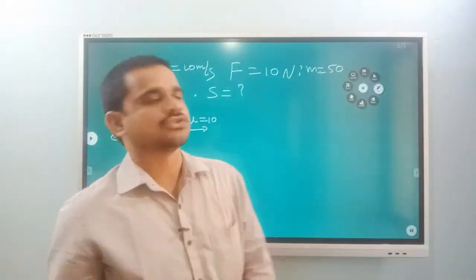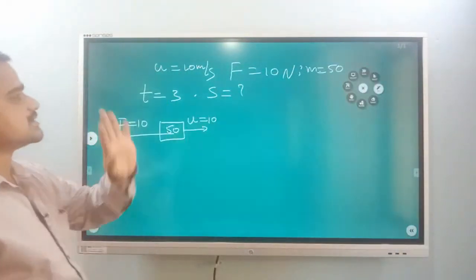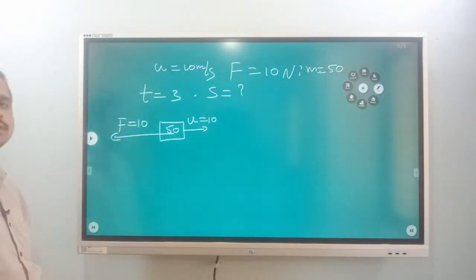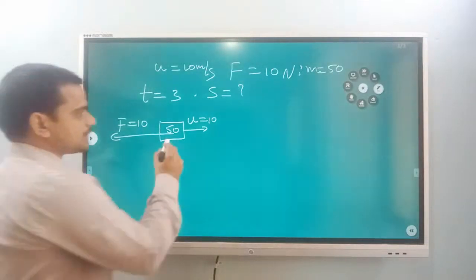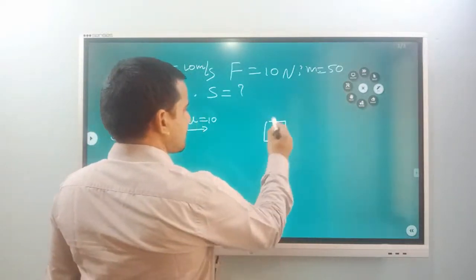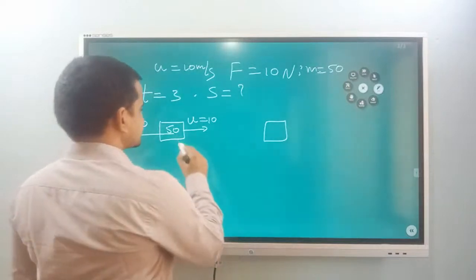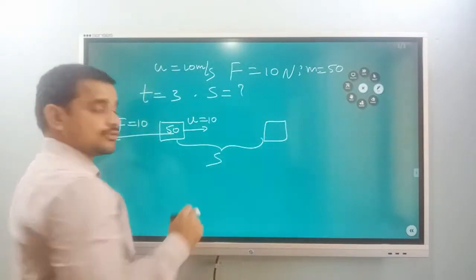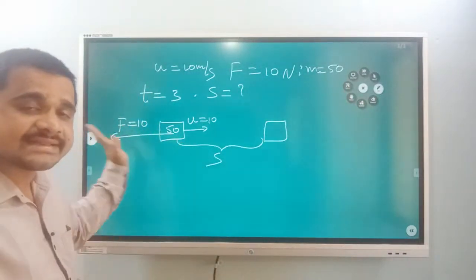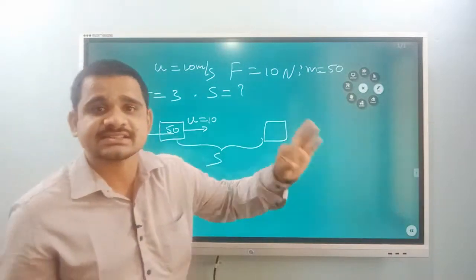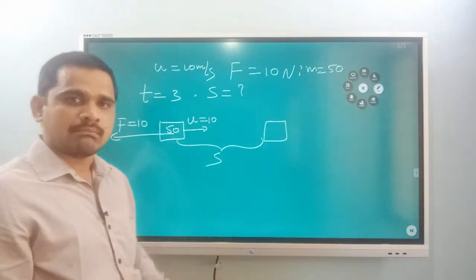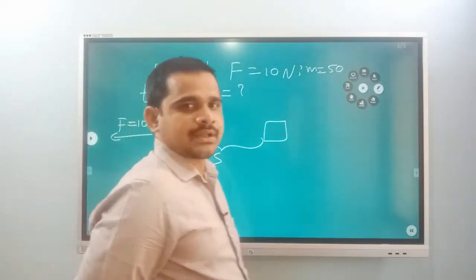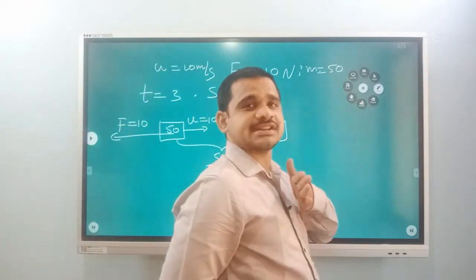My question here is, after 3 seconds, what is the displacement of the body? Starting from one point, after 3 seconds, maybe here. You may say, sir, force is acting in this direction, so the displacement is like this. Try to understand the point. The man is going in this direction, but some force is acting on him in this direction.